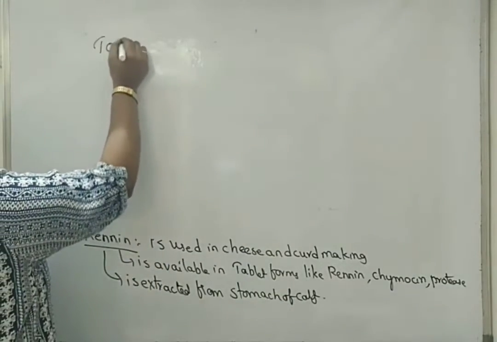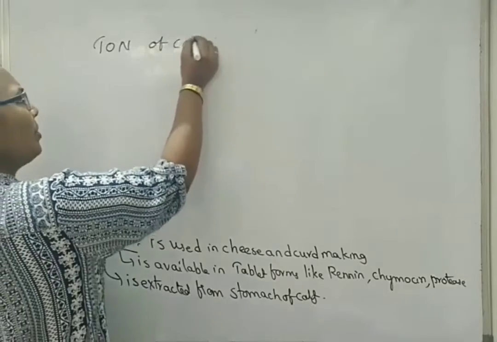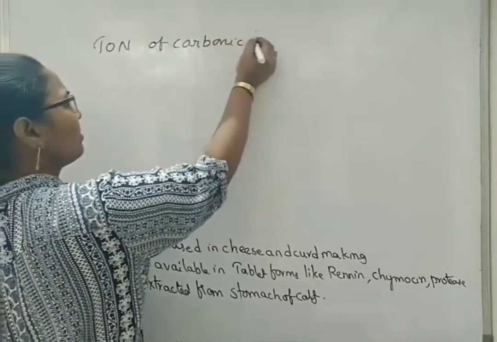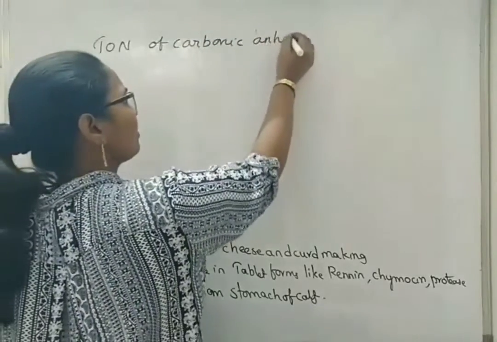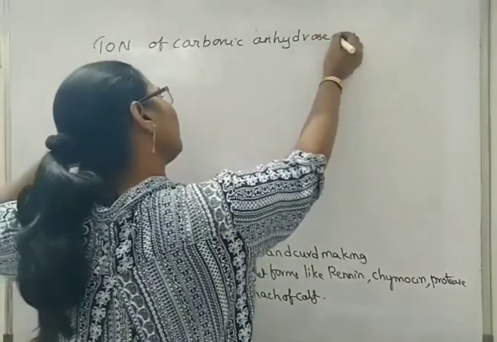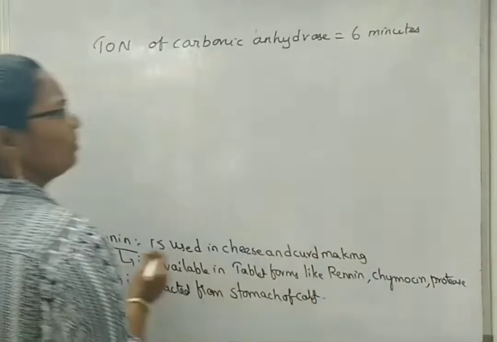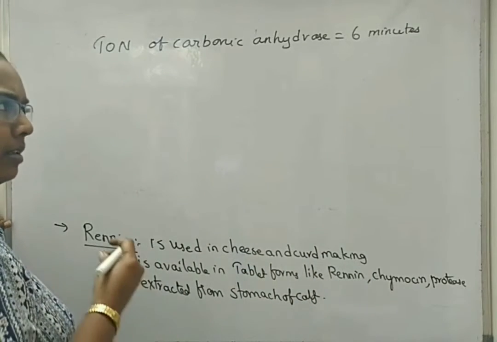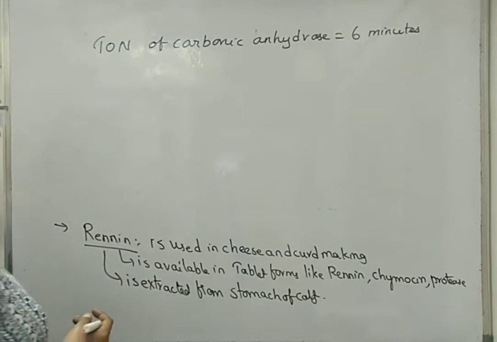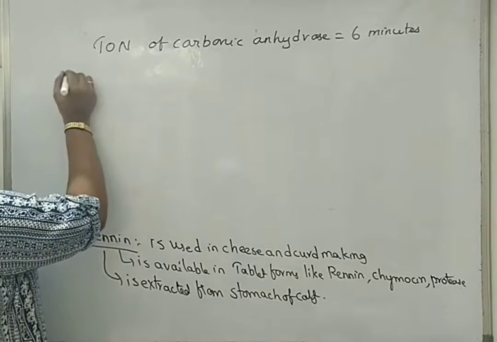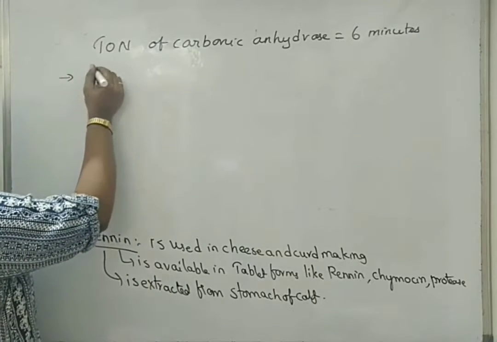So turnover number of carbonic anhydrase, it will be 6 minutes. Means within 6 minutes, all the substrates can be converted into products. Another point regarding the enzymes.